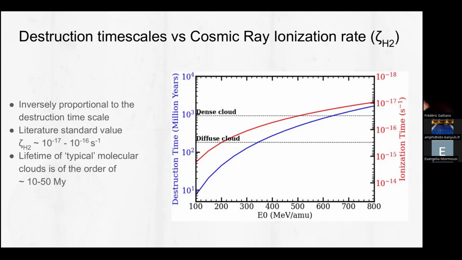And then we have the lifetime of a typical molecular cloud, which is approximately 10 to 50 million years, which means that if you bombard this molecular cloud with too many cosmic ray ionization rates, then all of the material inside this cloud will dissociate and you will not have a molecular cloud anymore. So this is something that we see here. So this is a dense cloud with a cosmic ray ionization rate approximately 3 times 10 to the minus 17. And this is a diffuse cloud where the energy is higher, the cosmic rays are higher, and they can propagate into the molecular cloud better.